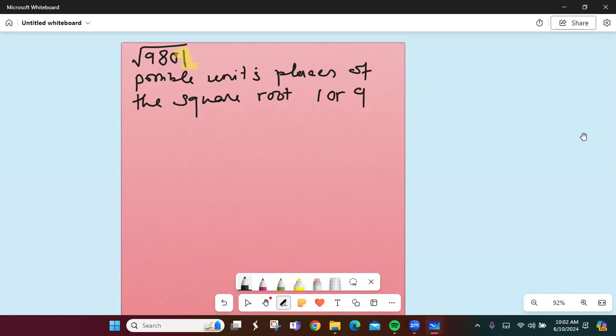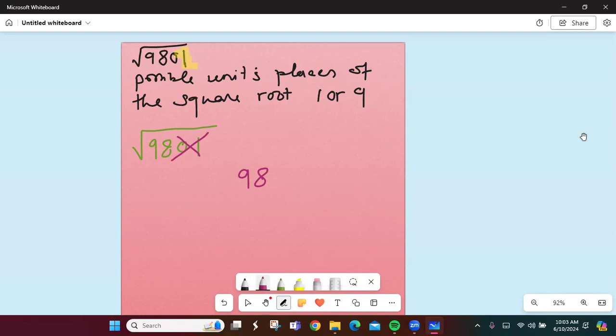So what will be our procedure? Take the square root of 9,801, and cancel the last 2 digits. So I'm getting 98. Now think of a perfect square number that is just less than 98.